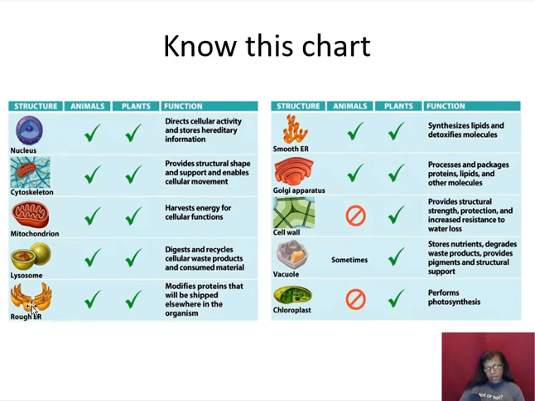The rough endoplasmic reticulum, also known as the rough ER. So the rough ER is studded with ribosomes, which is why it's called the rough ER, because they look like little studs all over the rough endoplasmic reticulum. And the ribosomes are where we create our proteins, okay?